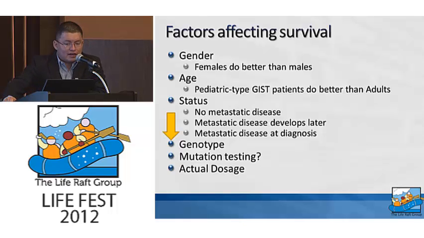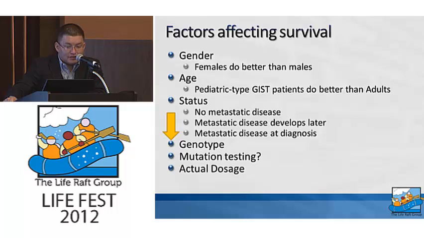Okay, some factors that are affecting survival. We could see that with gender, females do better than males. But I repeat, it could be based on different factors, and there are different cases. This doesn't directly reflect your case. This is just an average of all the cases that we currently have in the database.